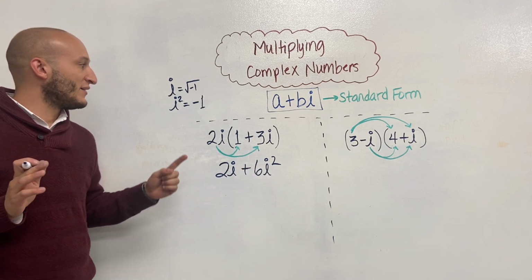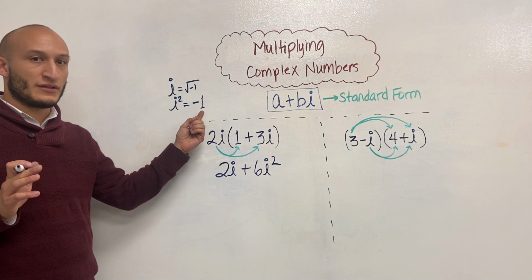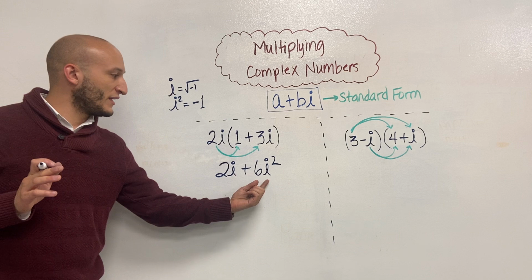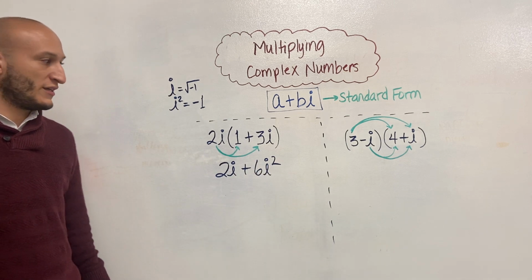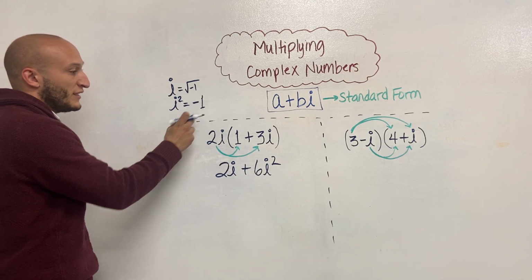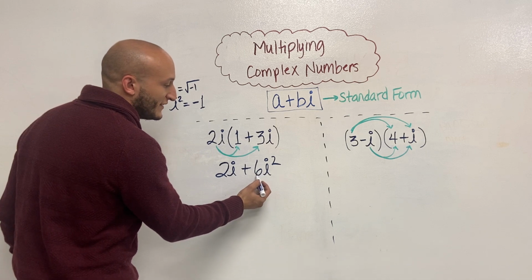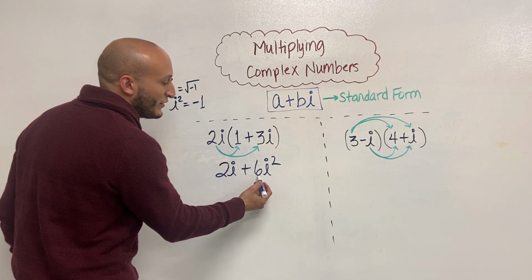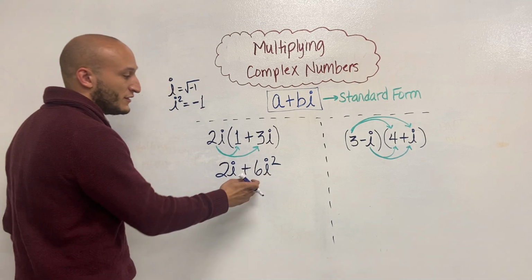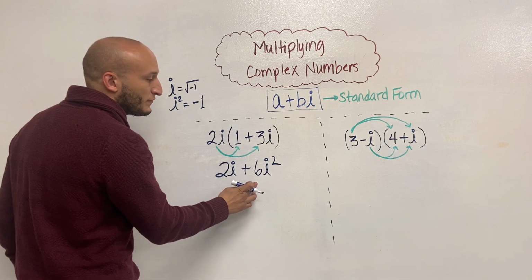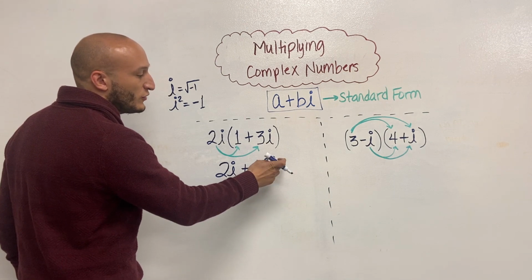But i squared is a real number. Okay, so every time I see i squared, I'm going to replace it with a -1. But we have to remember that the number in front of the i squared is being multiplied, kind of like 6x squared.